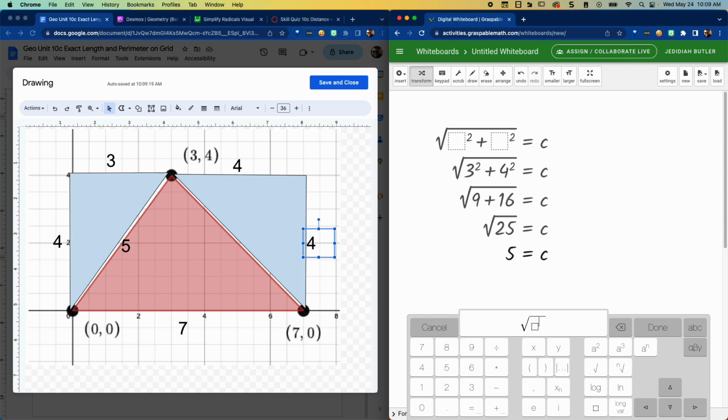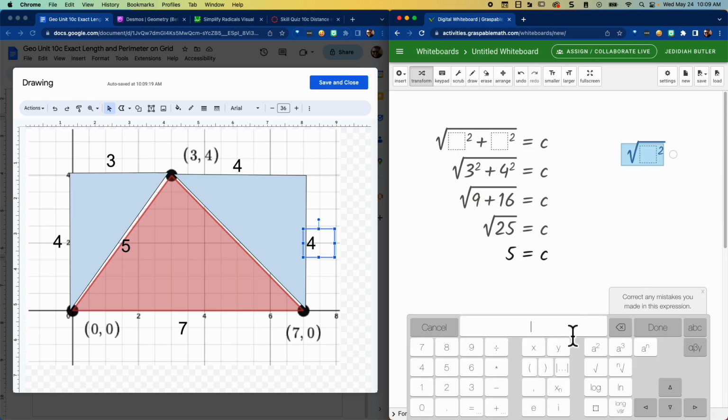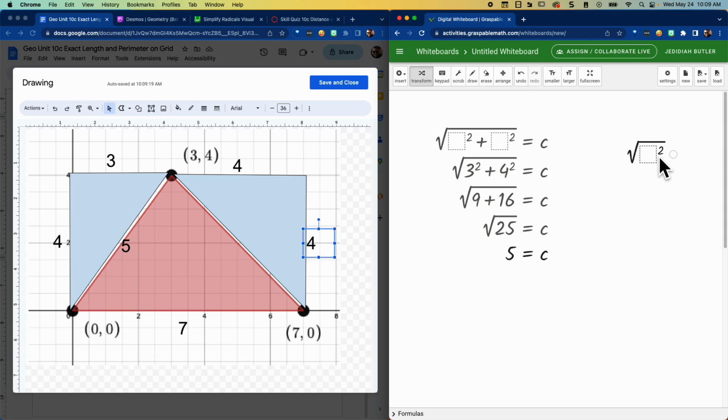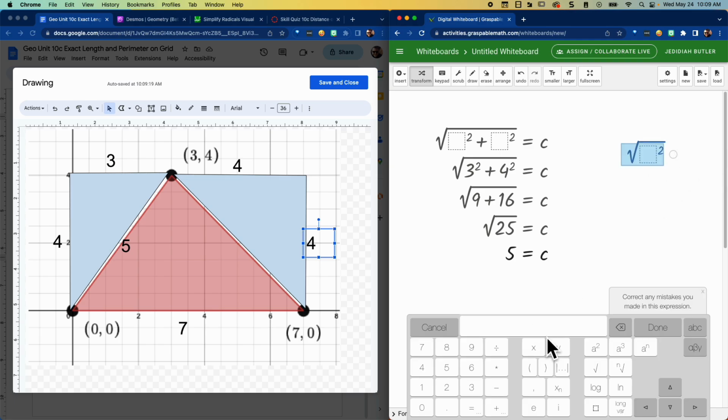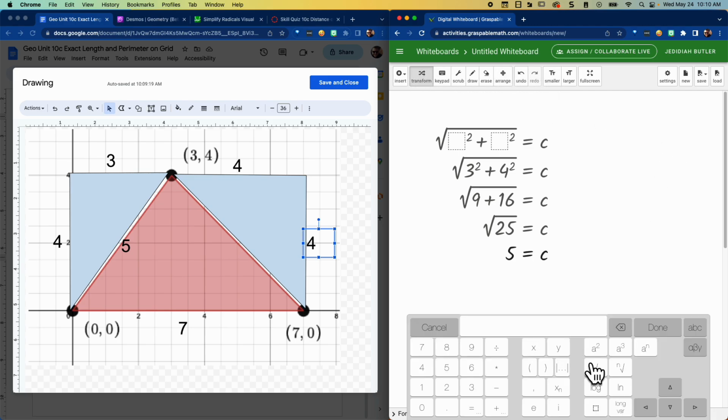We're going to have the square root of something squared plus, whoops, pressed enter too fast. Well, let's delete it and try again.